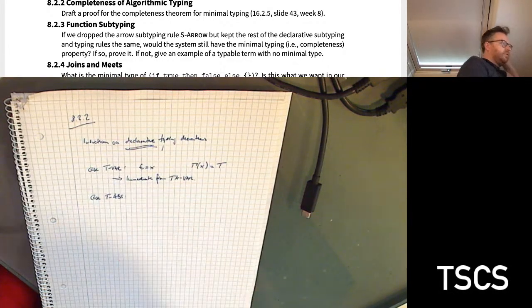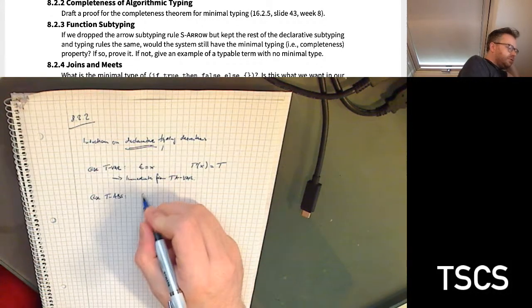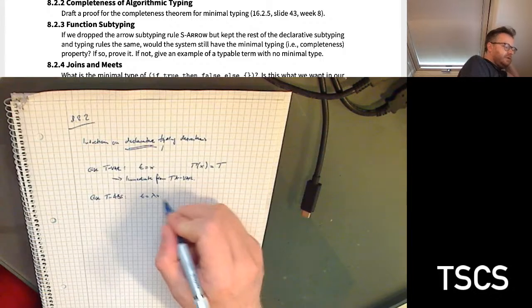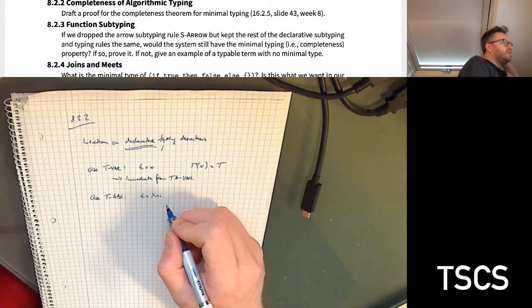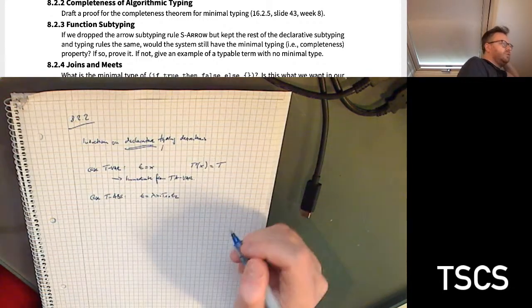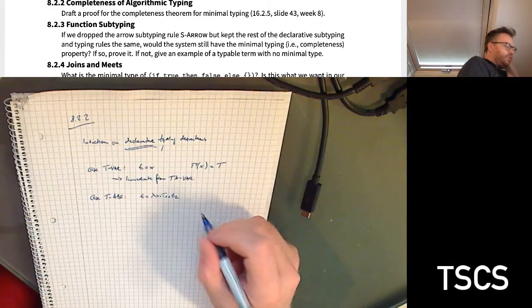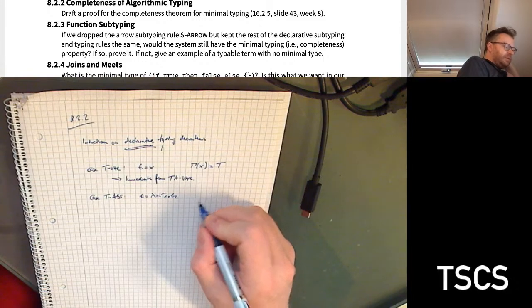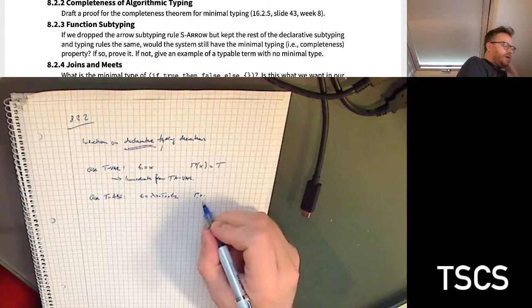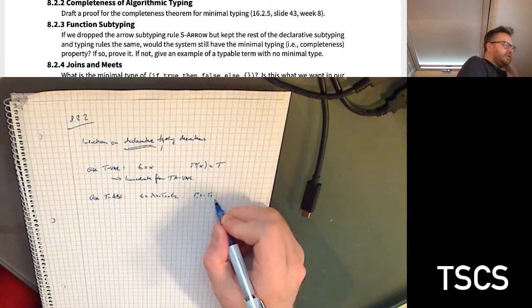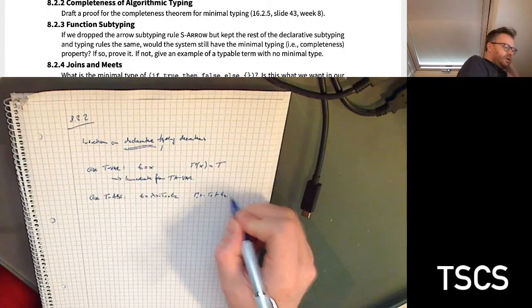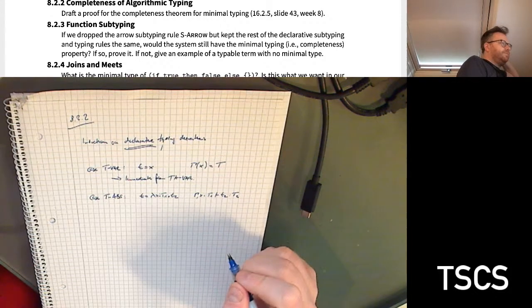t-abs case. So we have an abstraction. The term form is lambda x, which is typed as t1, and the body of the function is a t2. What we also learned from the t-abs rule is that we can assume the premises again, and then under the assumptions of gamma, and that x is t1, you can derive that t2 is a well-typed term of type t2.